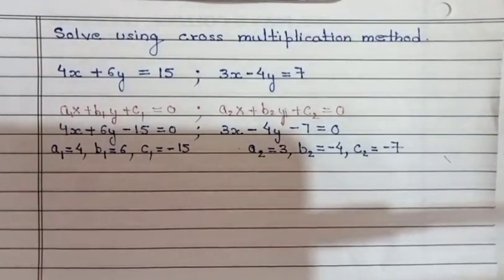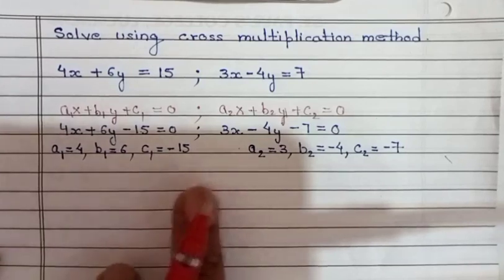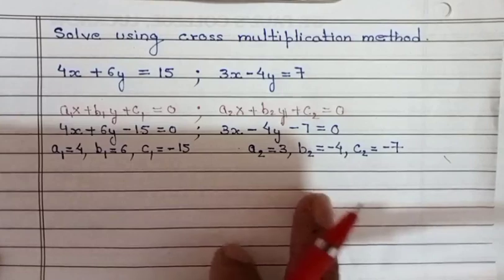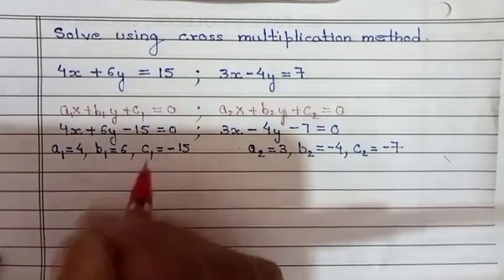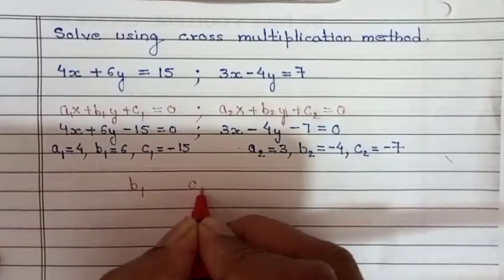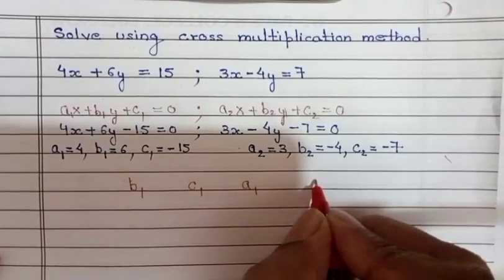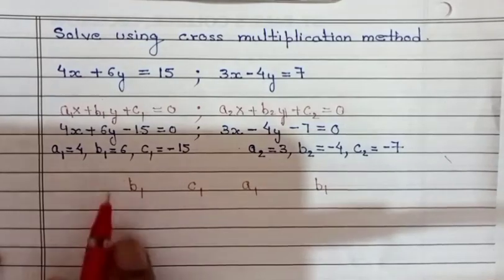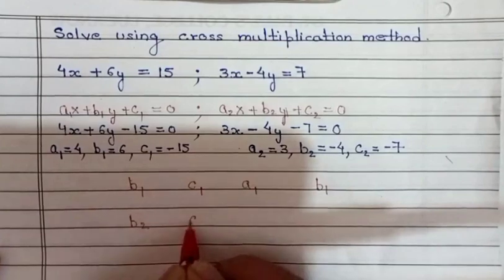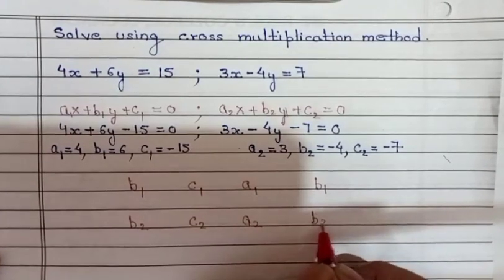Okay, now what will be our next step? Now you will have to write coefficient of x and y and also the constant term in this pattern: b1, c1, a1, b1. And then for the second one, you will write b2, c2, a2 and b2.